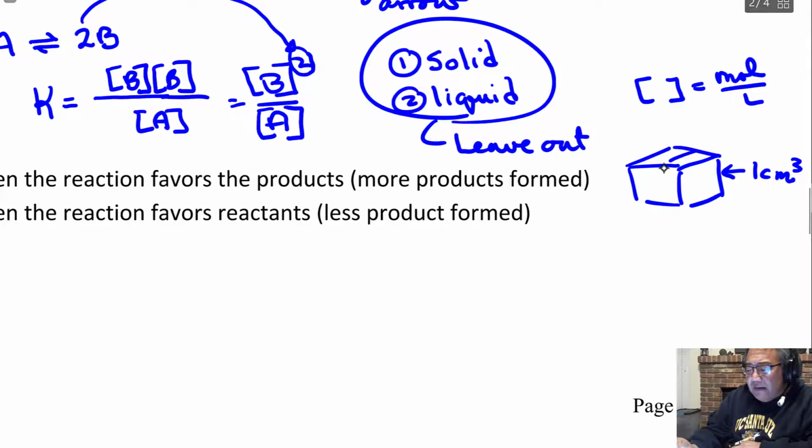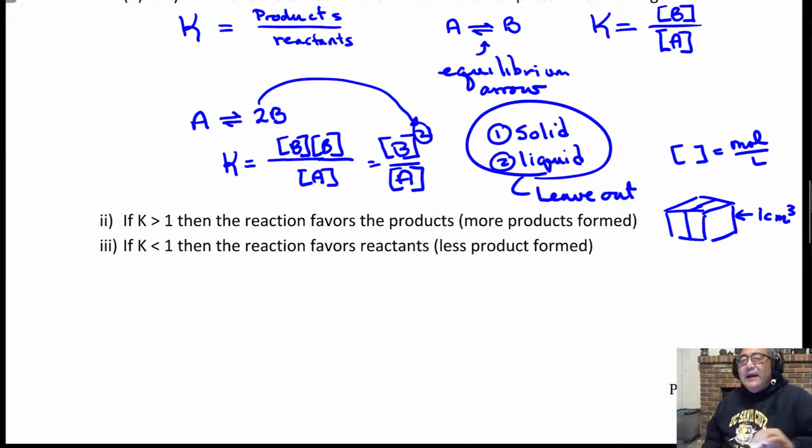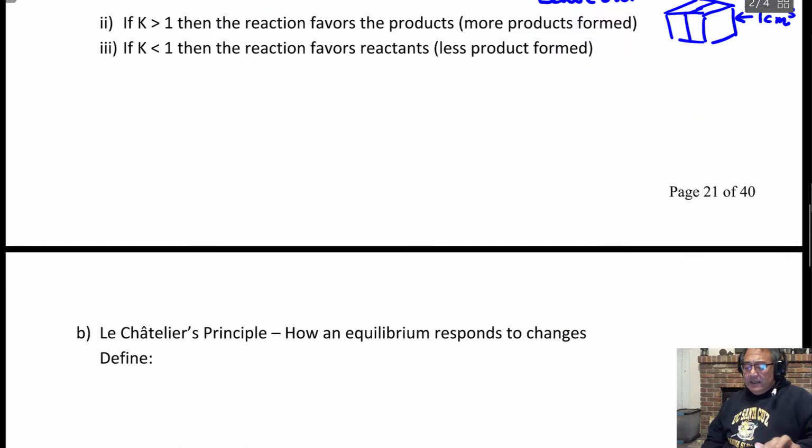If I use up half the water, well, it's not quite half, but let's pretend I drew it halfway like that. If I just cut that in half and said, what's the concentration? Well, now it's half a gram and half a milliliter, so this concentration is still 1 gram per milliliter. So it's not going to change in a liquid or solid as you use it up, because as you use it up, its volume changes. Okay, so we don't use those things in equilibrium constants because they don't really help us. We just want to look at the things that are changing in concentration. We'll do some more examples down here.